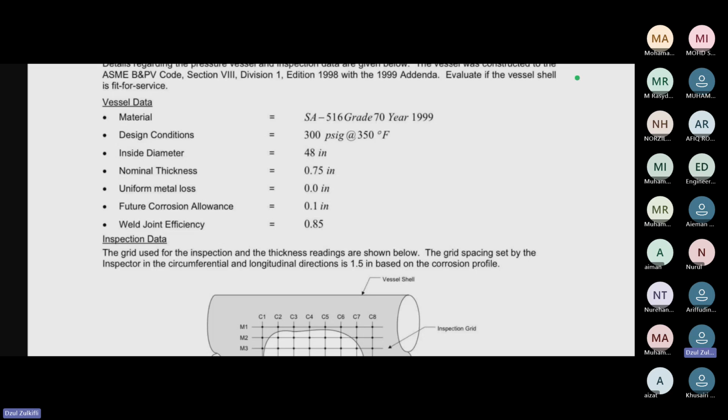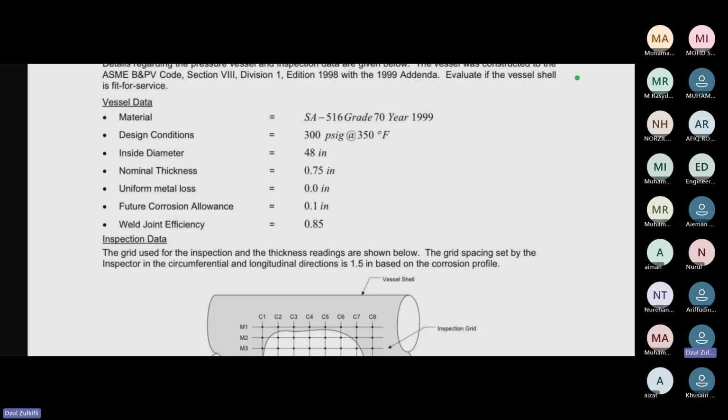The most common design condition that people would know is internal pressure. Okay, so pressure vessel needs to contain pressure internally. And when it contains pressure internally, it contains a certain value, like in this example, 300 psi of internal pressure. And it contains that by having a certain amount of thickness at a certain temperature. Okay, a higher temperature would mean that the vessel material becomes weaker.